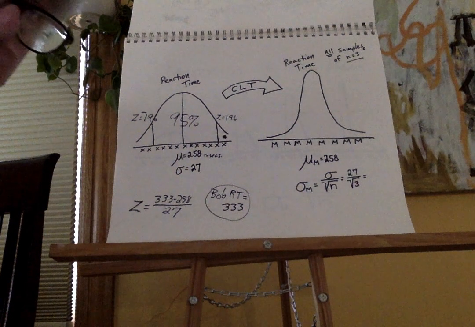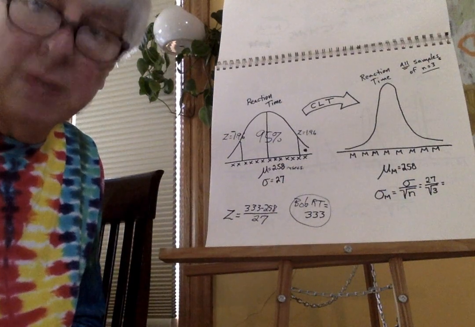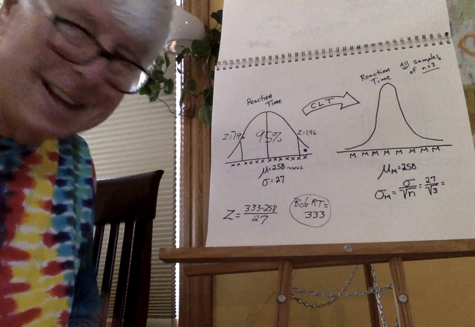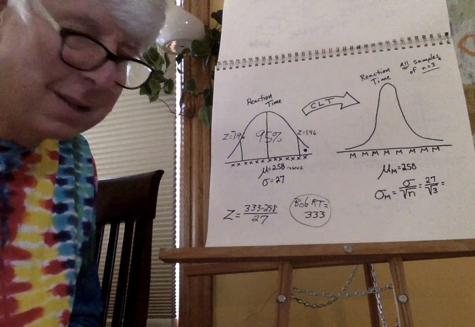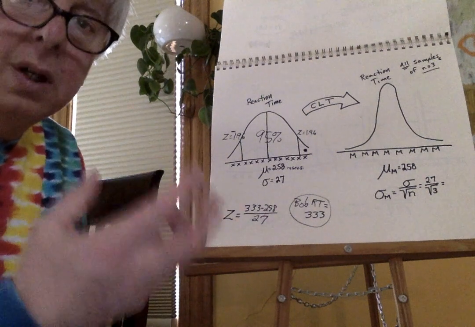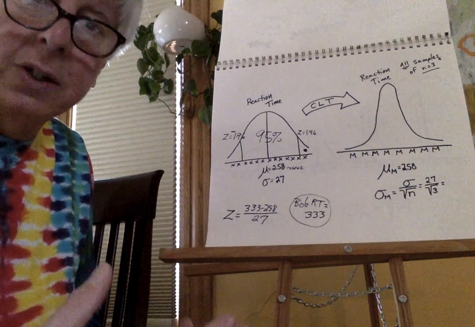Why would I want to do that? Well, I want to do that because I want to know what Bob's reaction time is. Of course, Bob is motivated because he says, I'm not that slow. Give me another chance. All right. So what is Bob's underlying reaction time?